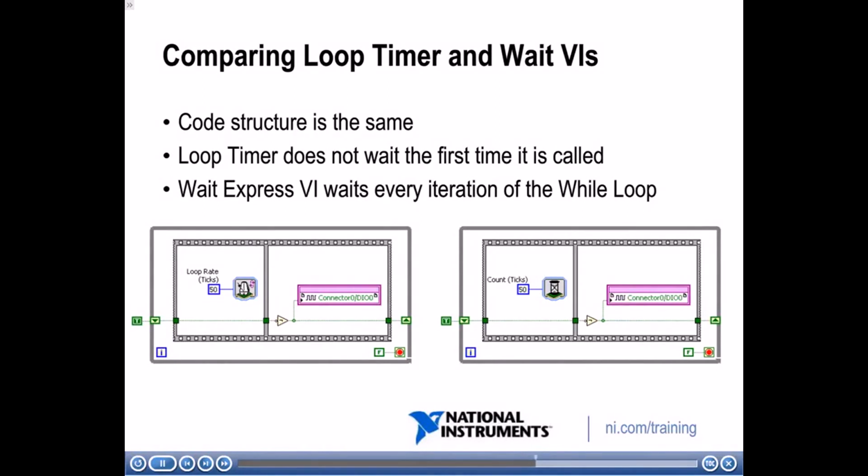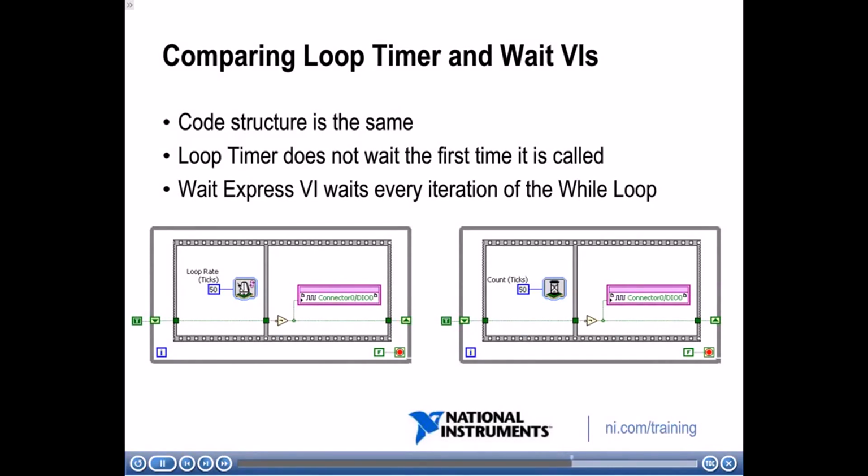As that while loop keeps executing, it will execute every 50 ticks, because the loop timer express VI is making sure that the while loop executes every 50 ticks. So the loop timer express VI is basically trying to ensure the loop execution rate.